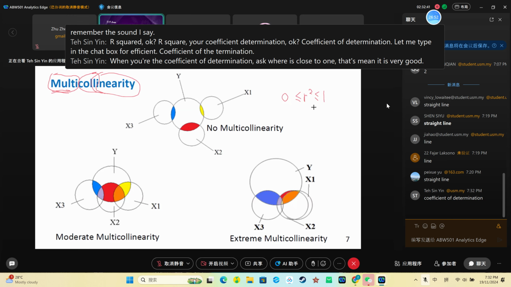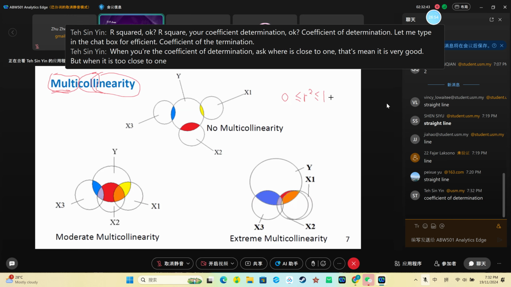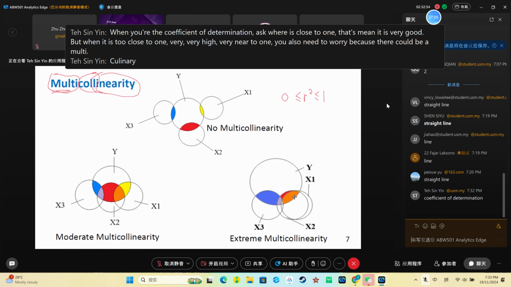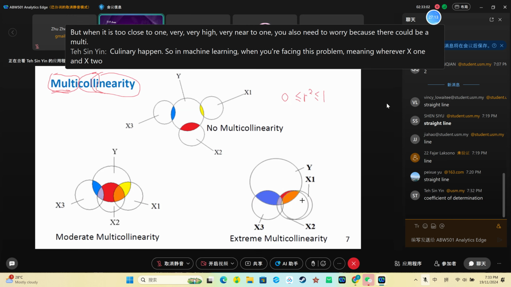But when it is too close to 1, very, very near to 1, you also need to worry because there could be multi-collinearity. So in machine learning, when you're facing this problem, meaning variables x1 and x2 are highly correlated, they have very similar characteristics.